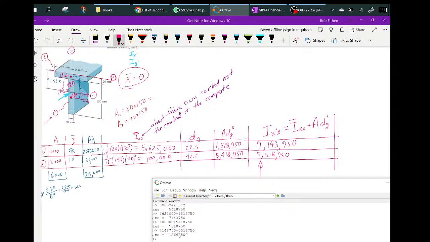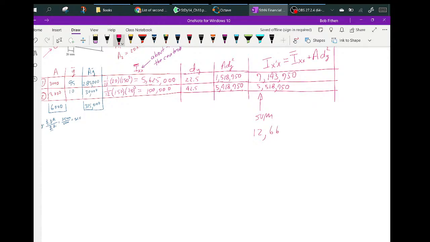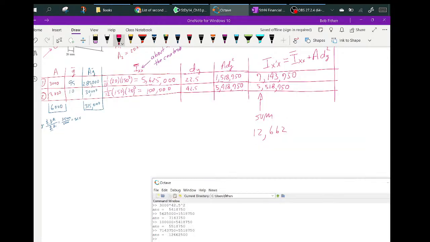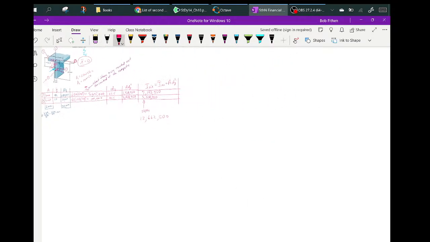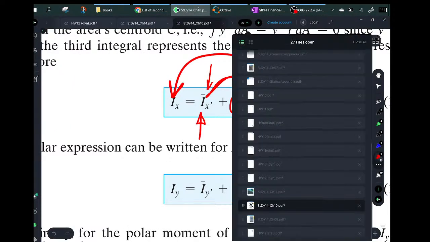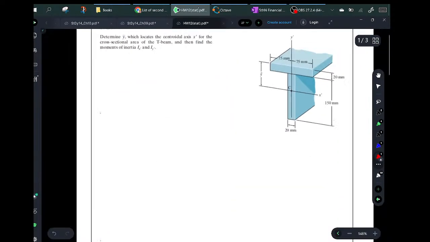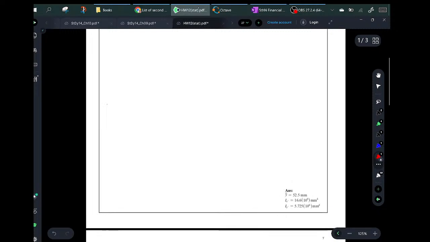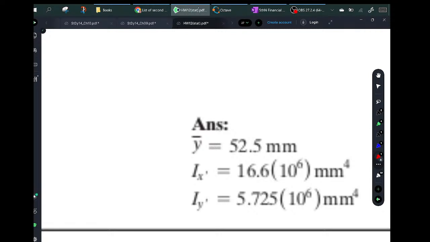Okay, a lot of digits, but 12,662,500. Did I copy the? I did not copy the. Okay. That's the problem. We see we have possibly an error.